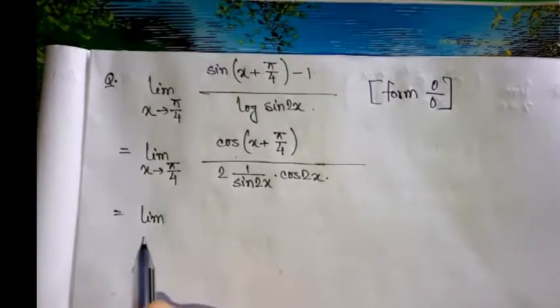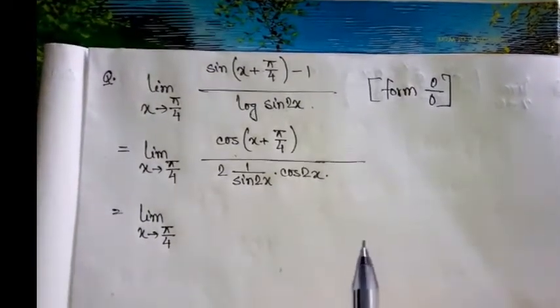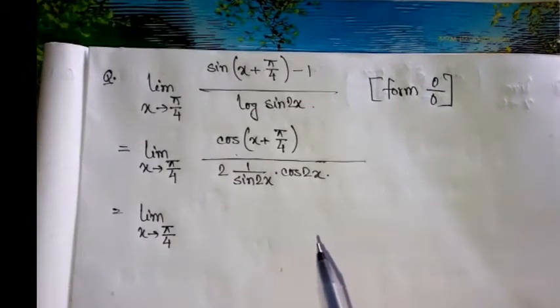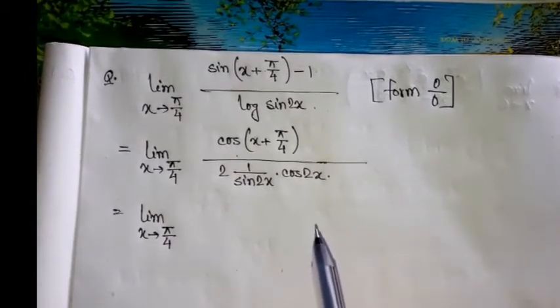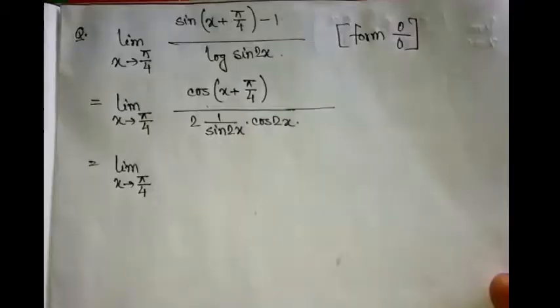So finally limit x tends to pi by 4, cos.